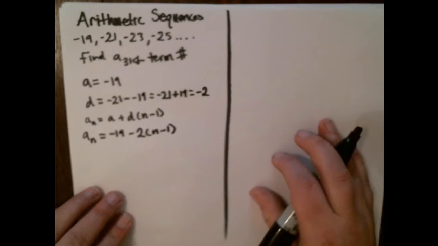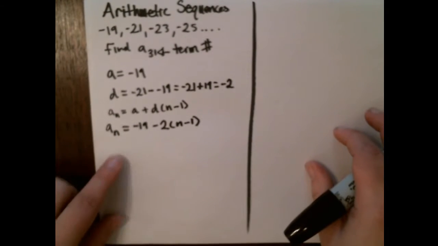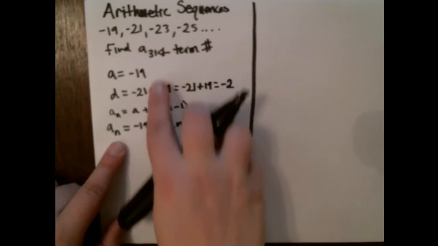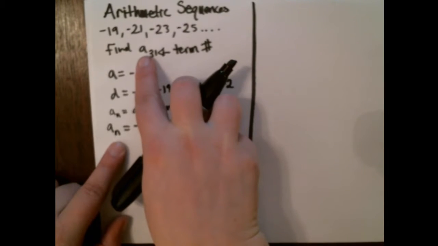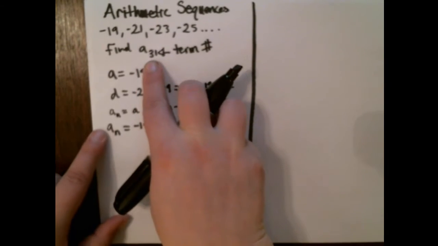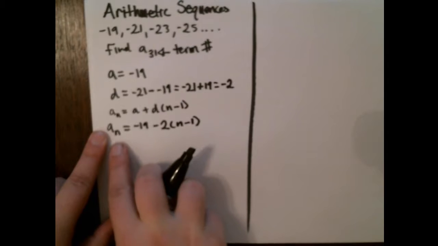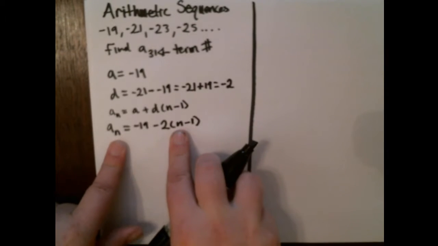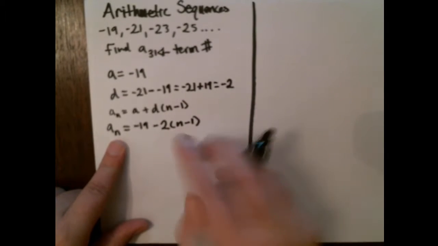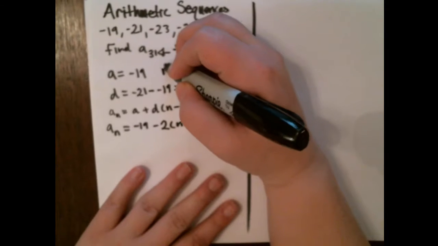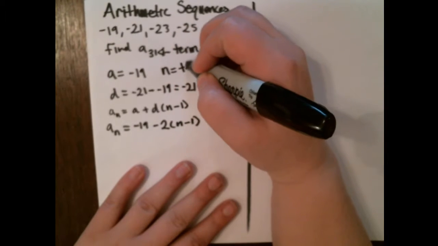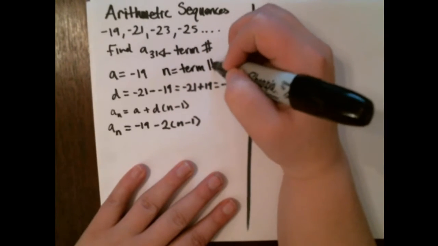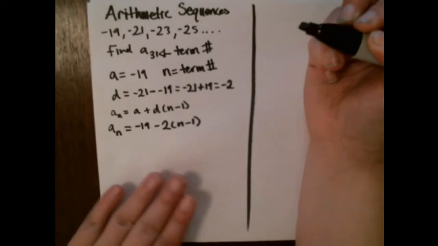Then I want my 31st term. Notice that this is A with an n lower. That n just stands for your term number. So I'd write up here, n equals term number. Pretty easy.